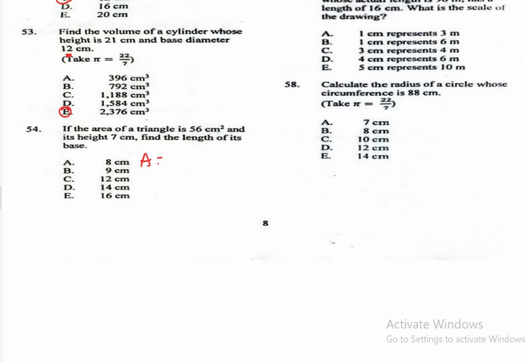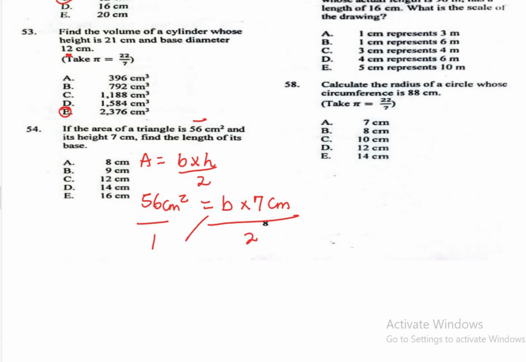Area of a triangle is half base times height, or base times height divided by 2. Area is 56 centimeters squared. The base we don't know, but we know the height is 7 centimeters, over 2. Find the base. Okay, let's cross multiply.